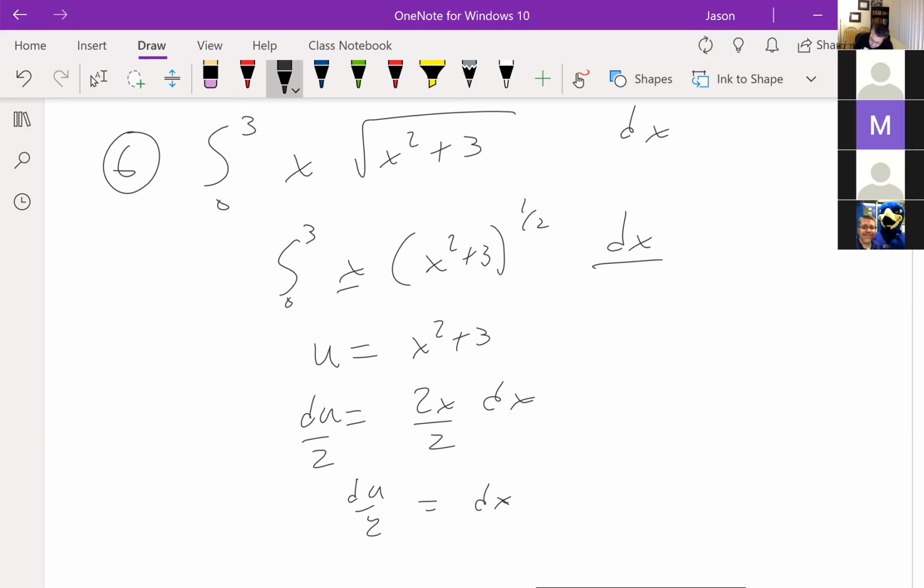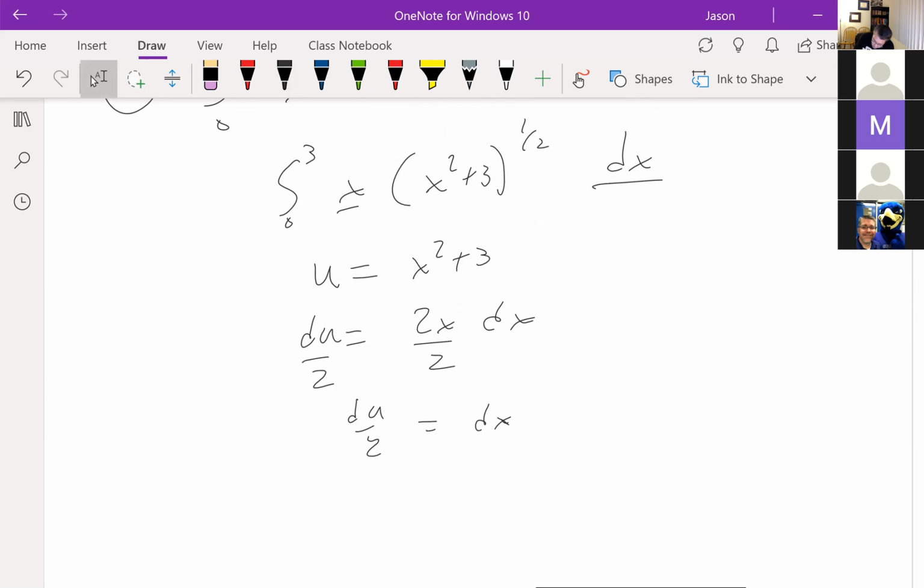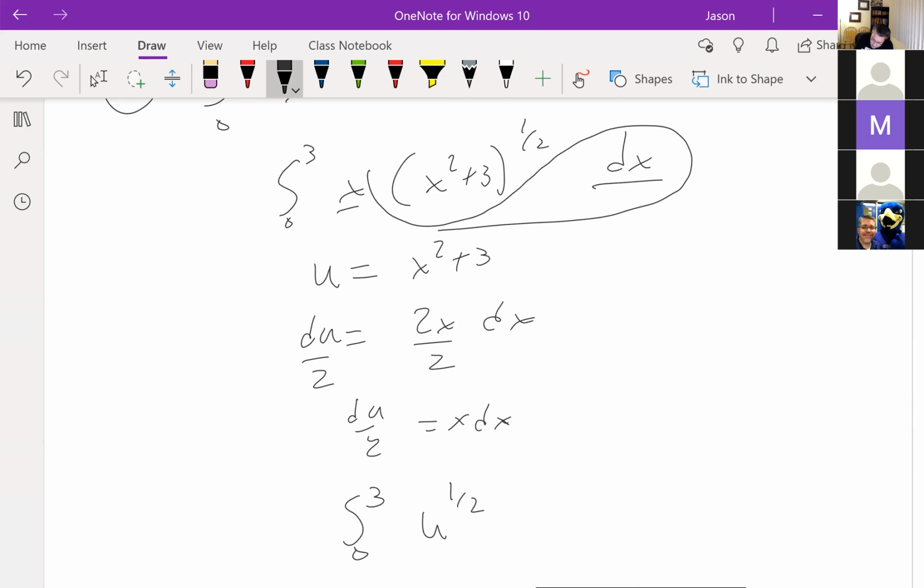Okay, so let's go ahead and look at our u here. So 0 to 3, let's do our u sub. There's an x there. Okay, x dx. So this is going to be u to the 1/2. And then what's the x dx going to become here? That's going to become du over 2. The du over 2 is the x dx.